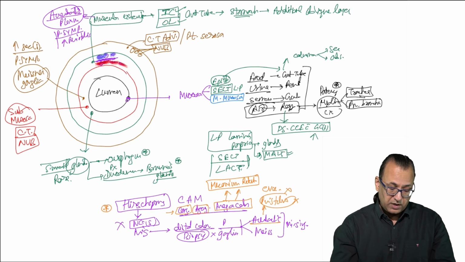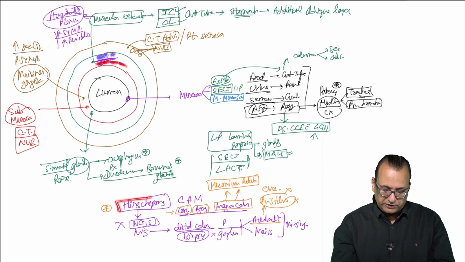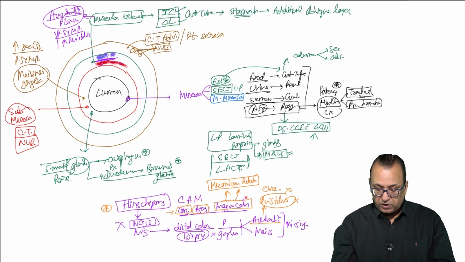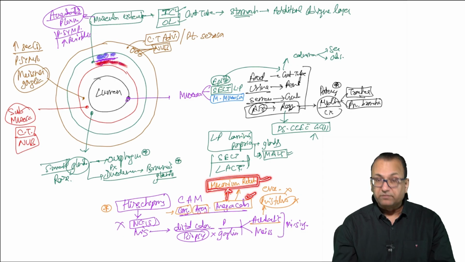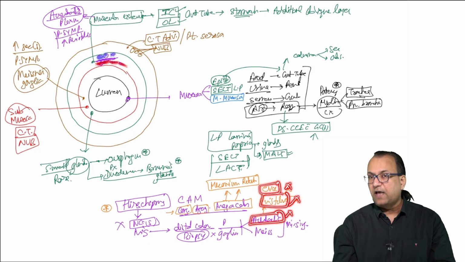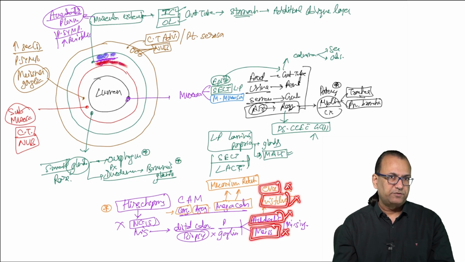I'll repeat. When you are talking about Hirschsprung disease, which is congenital aganglionic megacolon, why is it megacolon? It is megacolon because it is having fecal matter, meconium retention. But why is there retention? Because there is no evacuation. Why is there no evacuation? Why is there no peristalsis? Because the parasympathetic system, Auerbach's, is missing. Not only Auerbach's is missing, Meissner is also missing. My point is, if a question comes, which plexus is missing?